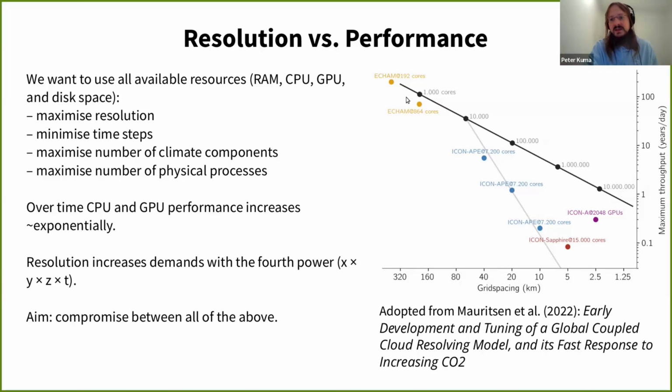And so this just shows how many CPU cores we would need with increasing resolution. So as we go from, let's say, 100 kilometers to 10 kilometers to 1 kilometer, we need an increasing amount of CPU cores, or we could decrease the throughput, so the number of simulated years per day of computations. Okay.